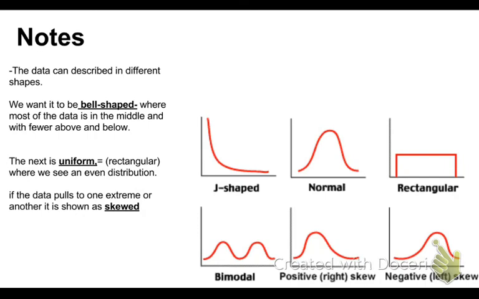So, another thing to talk about is how data is distributed, how it's shaped. For instance, we normally want data, if it's averaged, to look like this, a bell curve. This one is labeled as normal, but it's called a bell curve.